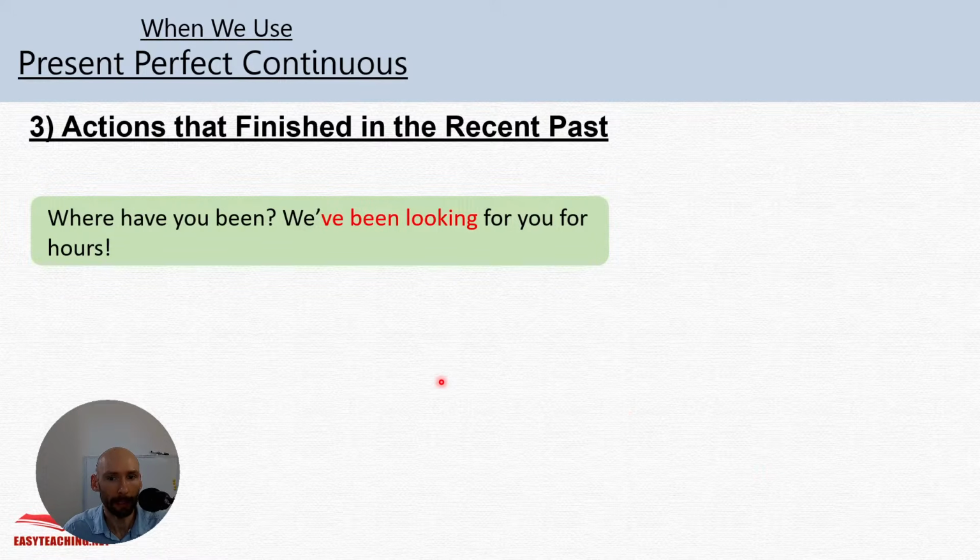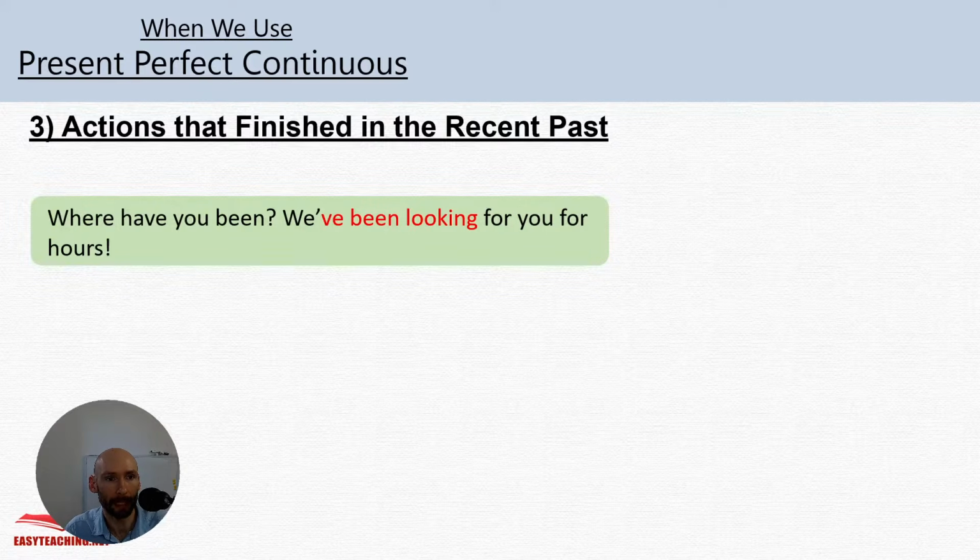Now, in this sentence, we're still not looking for the person. They've been found. But present perfect continuous is still used because it's only finished very, very recently. As well as the fact that it's finished recently, there's also a relevance to the present.